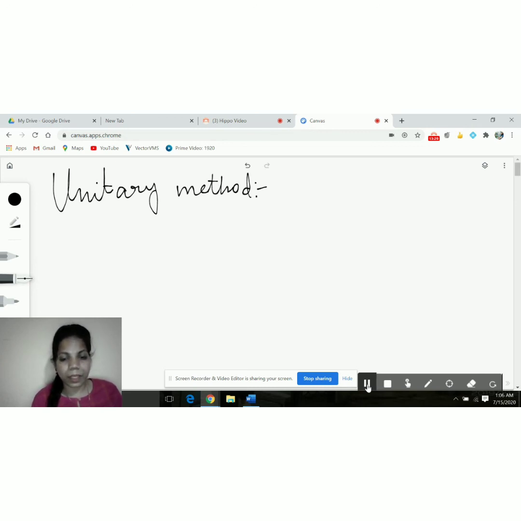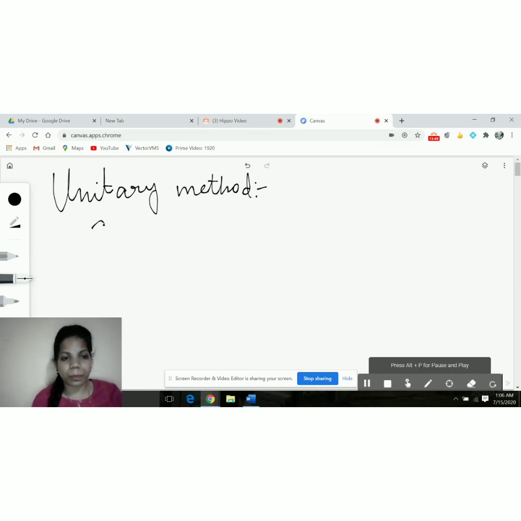Got it, children? It is nothing but first we will find the value of one unit by division from the given information. Then we will find the value of required number of units by multiplication. Let us see it with an example.